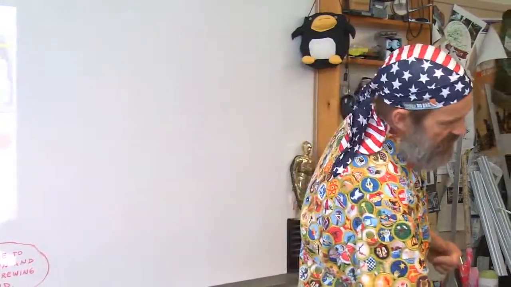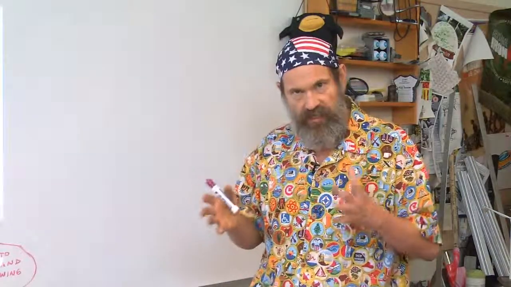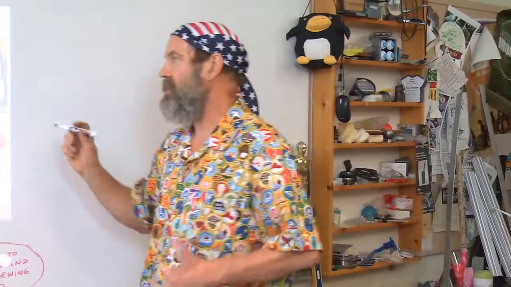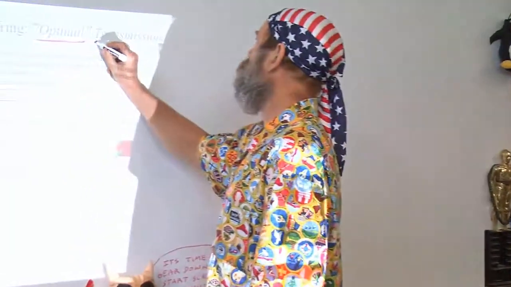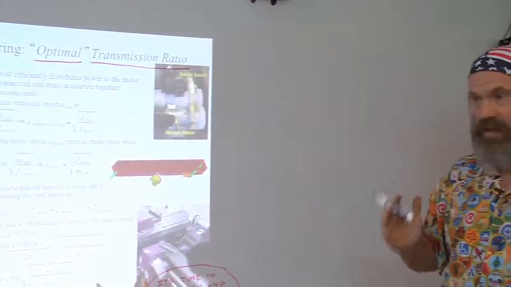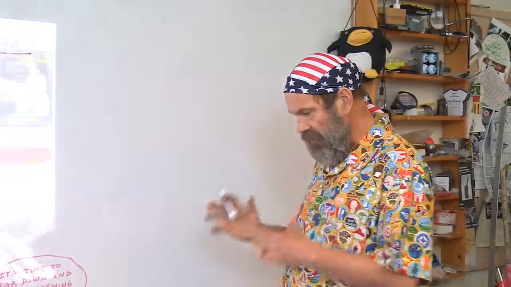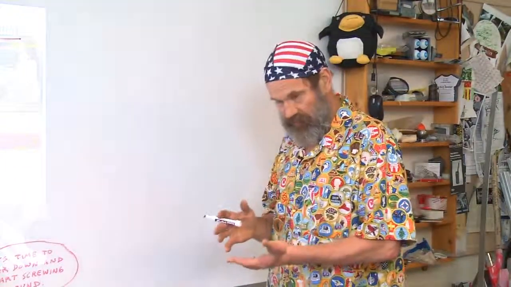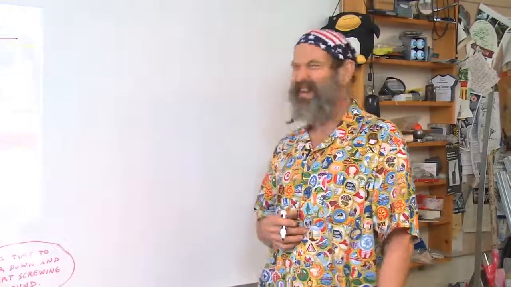And very importantly, that leads to the question of, if the output is going to be 100 RPM, and the input may go from 10,000 or 20,000 depending on the engine or the motor you pick, you need a different size transmission ratio. And the question then becomes, what is the optimal transmission ratio? What we mean by optimal is, what is the best way to take as much of the power of the motor as possible and put it into the output? And you say, what do you mean, put it in the output? Well, we have 2 scenarios.